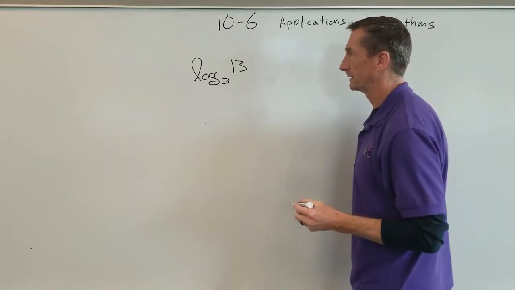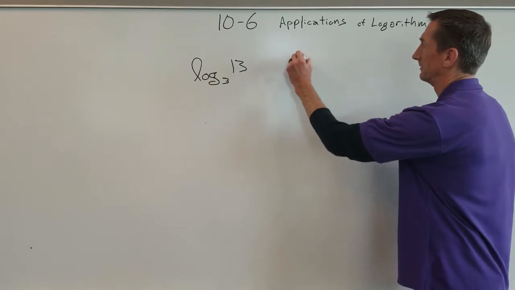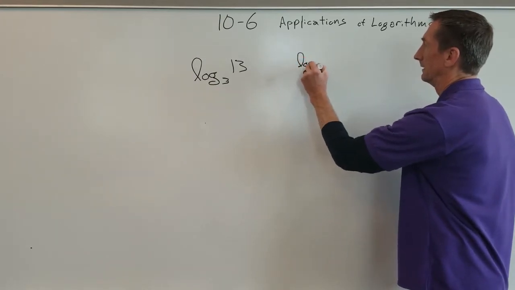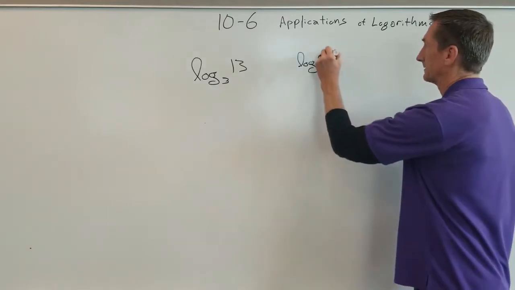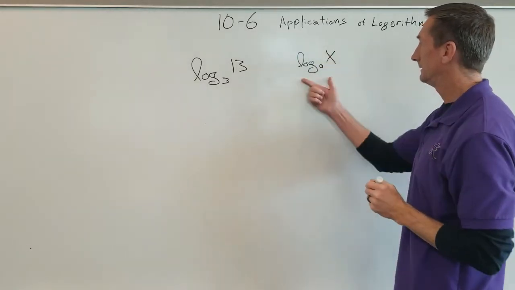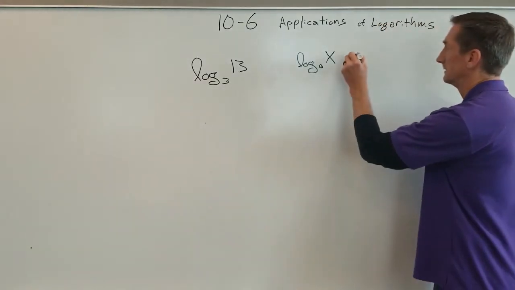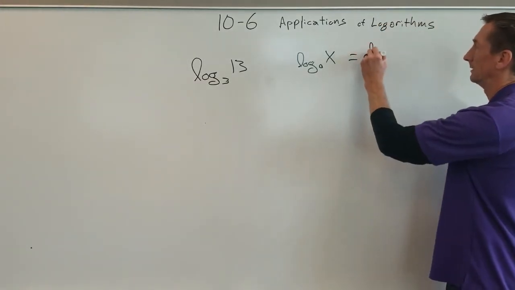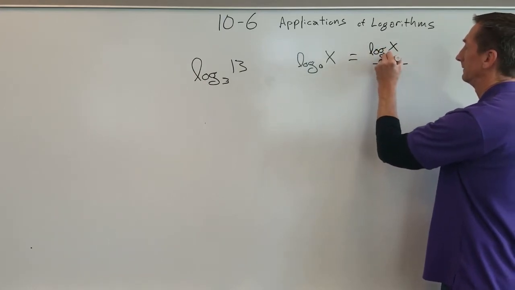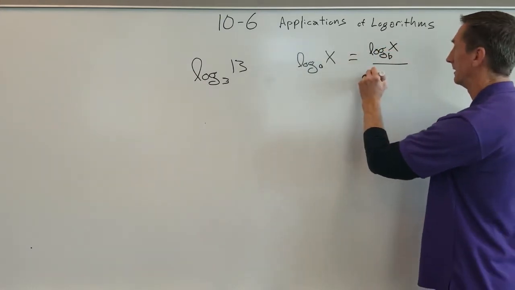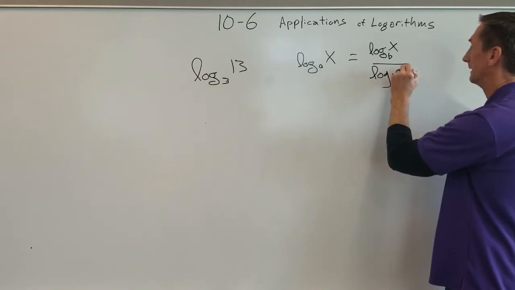The change of base formula looks like this. Suppose I have log base a of x, and I need to change it to either a common log or natural log. This is equivalent to log base b of x divided by log base b of a.